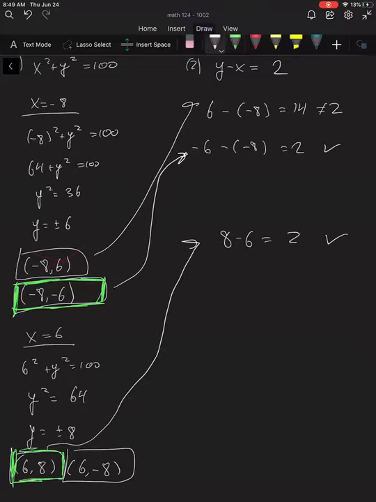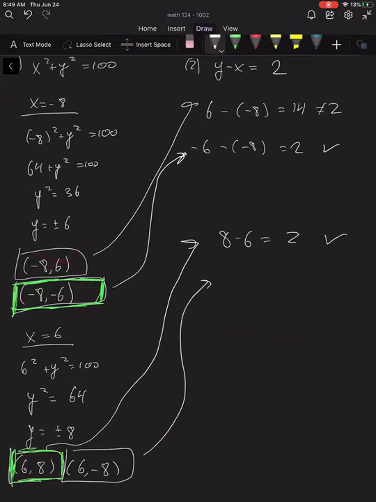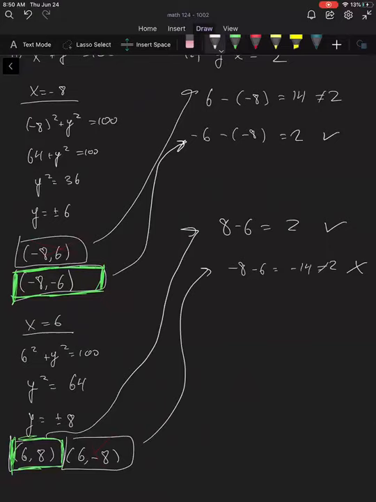However, with the other one, y minus x, so minus 8 minus 6, that equals minus 14, which does not equal 2, so we have to get rid of that answer. So our only answers for this problem are the 2 things in the green boxes. We have minus 8, 6, and then also 6, 8.